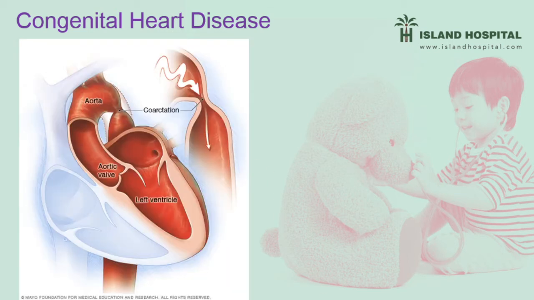Another condition which involves a blood vessel coming out from the left side of the heart is called a coarctation of the aorta, and there is a narrowing here, in the main blood vessel coming out from the heart.